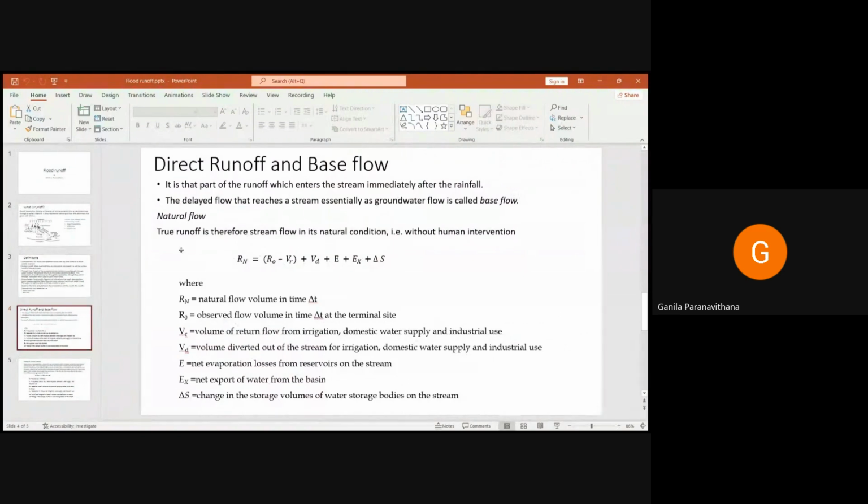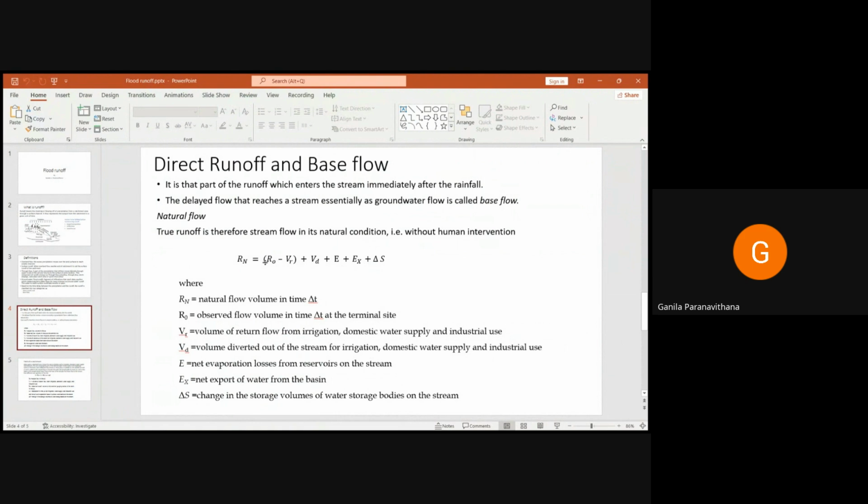Now, when a catchment receives water, the natural flow of that catchment is estimated using this equation. Now, this R naught is the observed flow volume in a given time delta t at a terminal site.